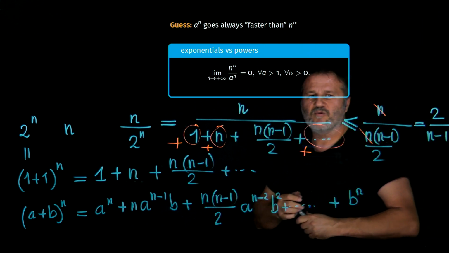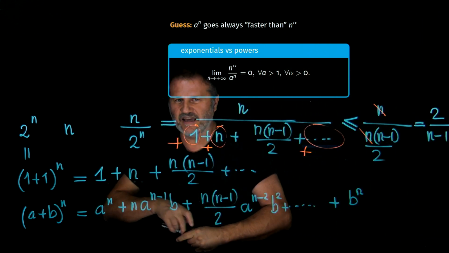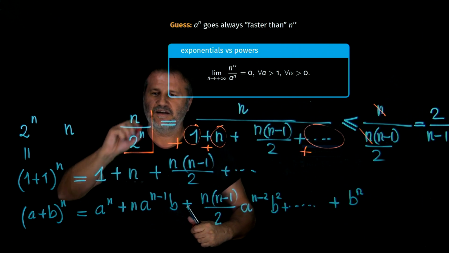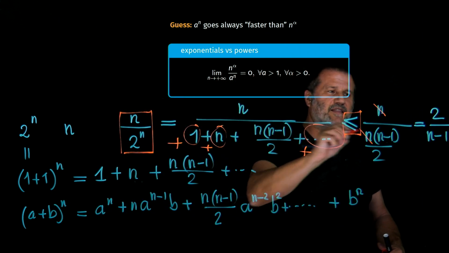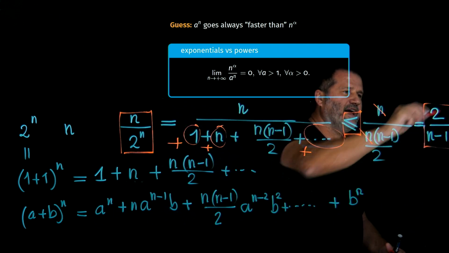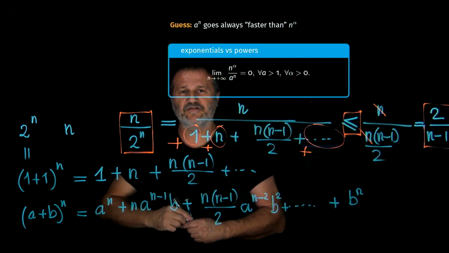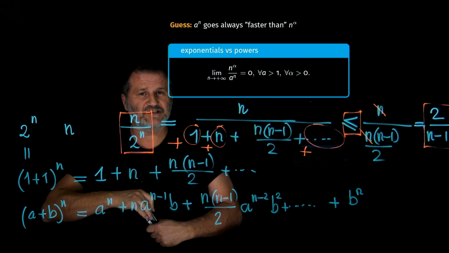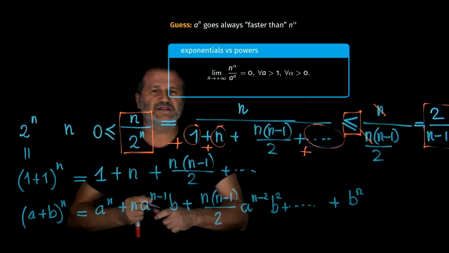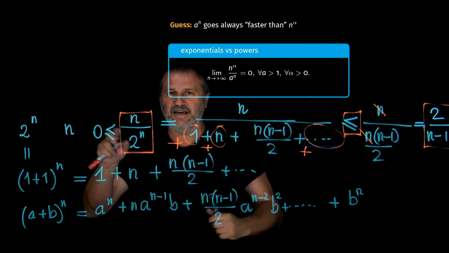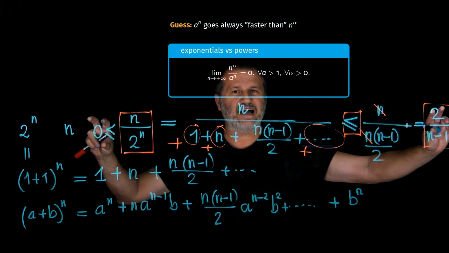So our quantity n over 2 to the n is less or equal than 2 over n minus 1. And of course, it is greater or equal than 0. So our quantity n over 2 to the n is between 0 and this guy.